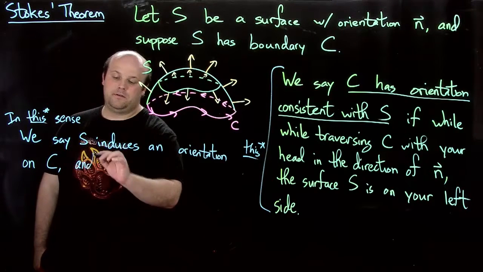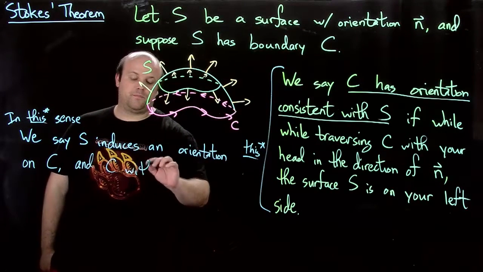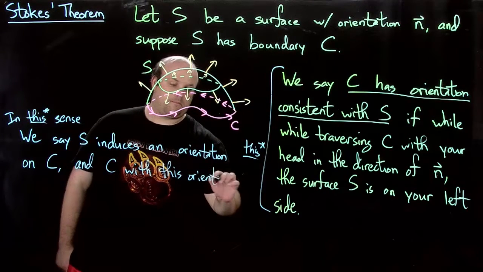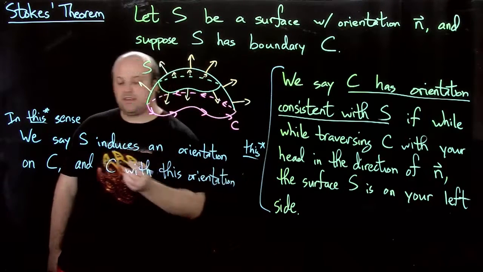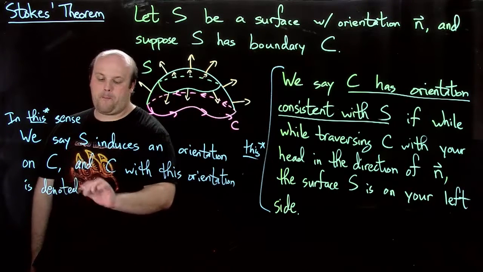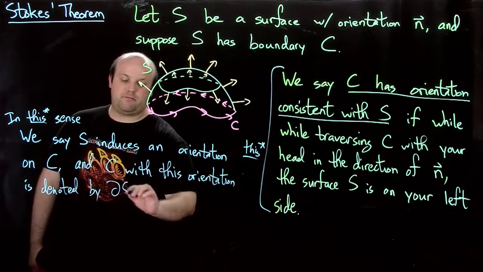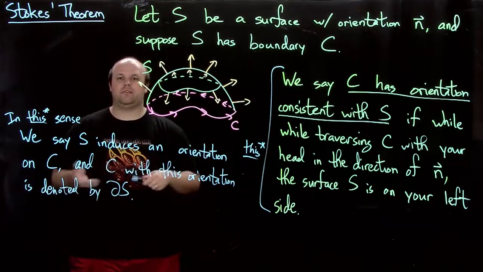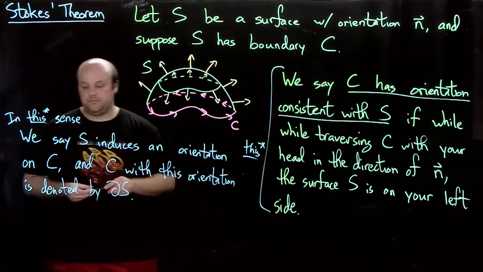And C, with this orientation, is denoted by the boundary of S, right? So this will just give us a shorthand way to say that it has that orientation, okay?